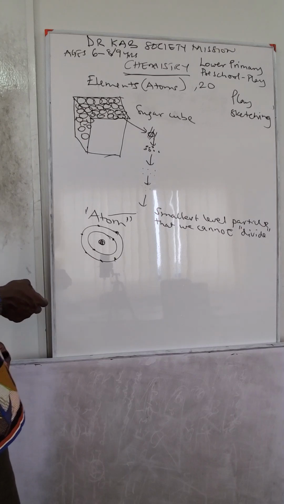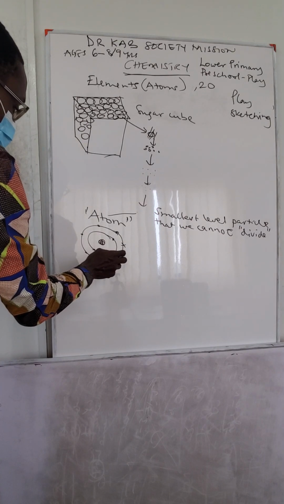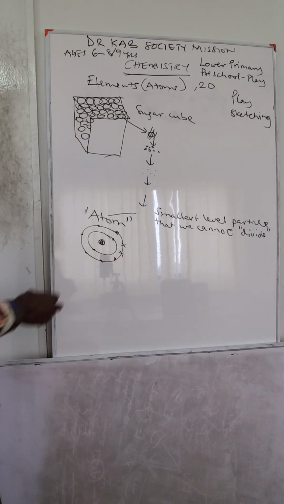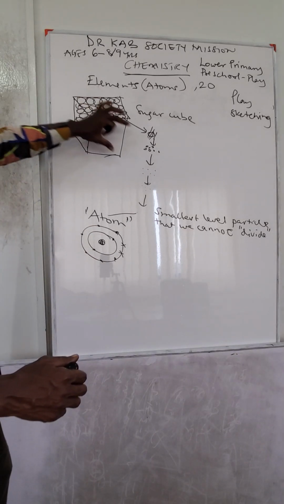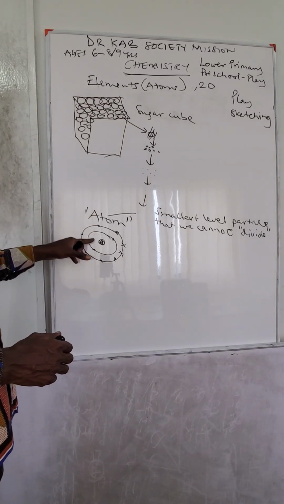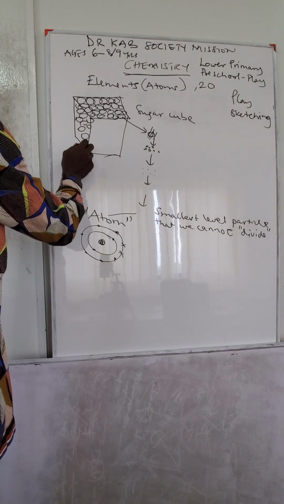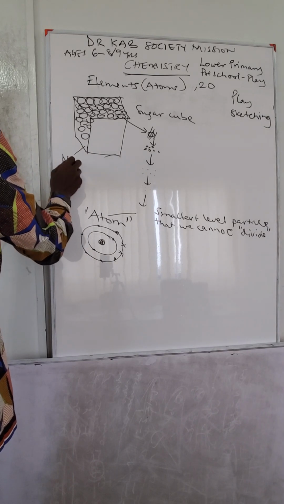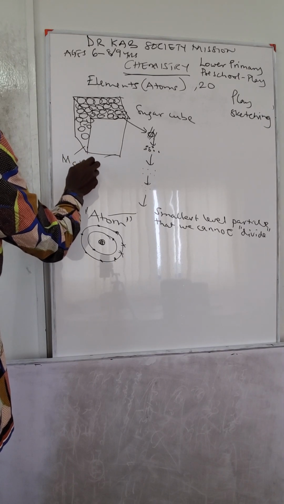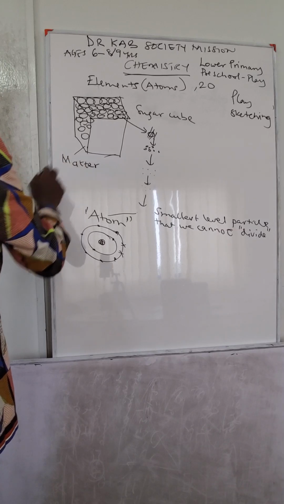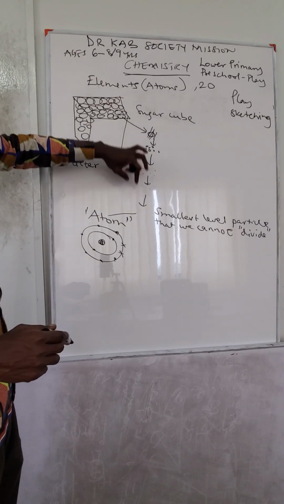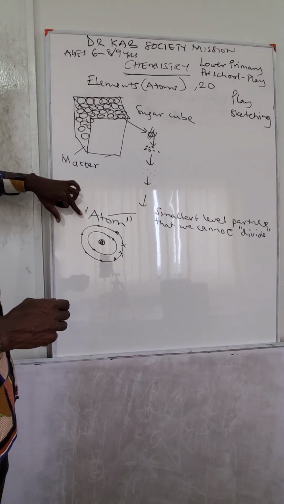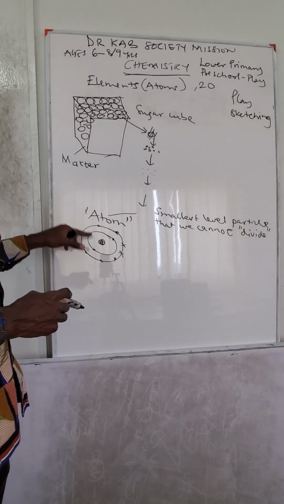There are 6, but they can go up to 8. So this is our atom that we are talking about. As we keep on dividing, the smallest one that we can divide is atom. And this whole thing here, we can call it matter. So divide until we get to this level, the smallest one that we can divide.